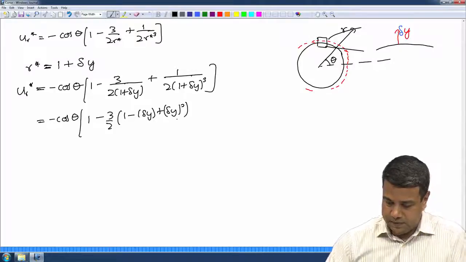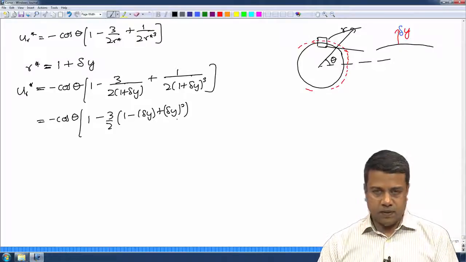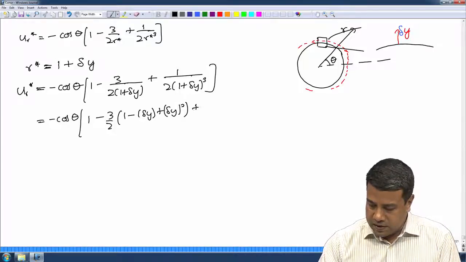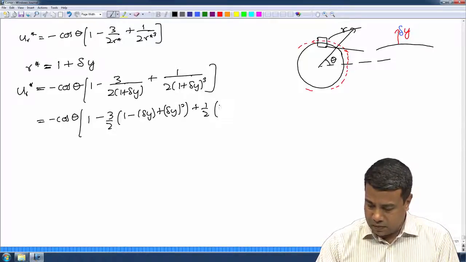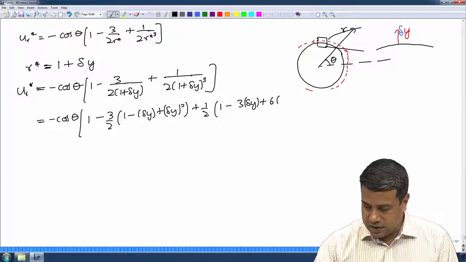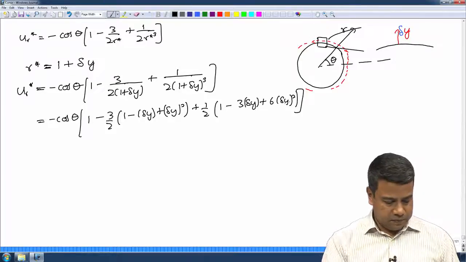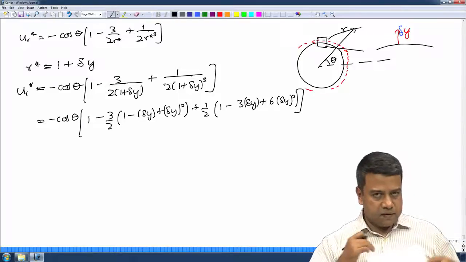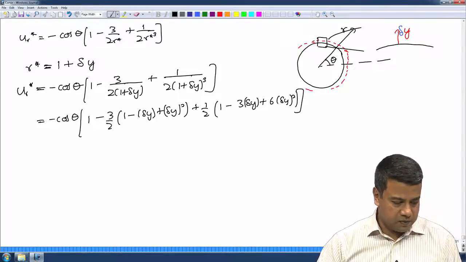The whole square. That is for 1 by 1 plus delta y, plus 1 by 2 into 1 minus 3 delta y plus 6 delta y the whole square. So, that is the binomial expansion for 1 by 1 plus delta y the whole cubed.